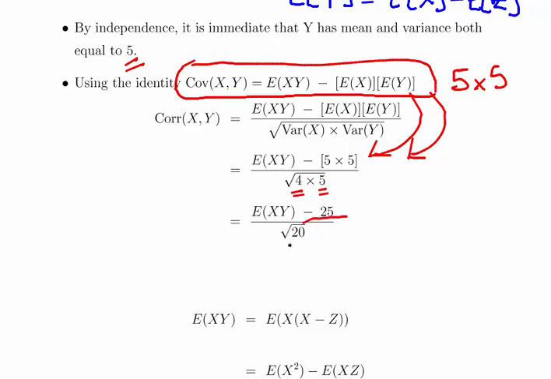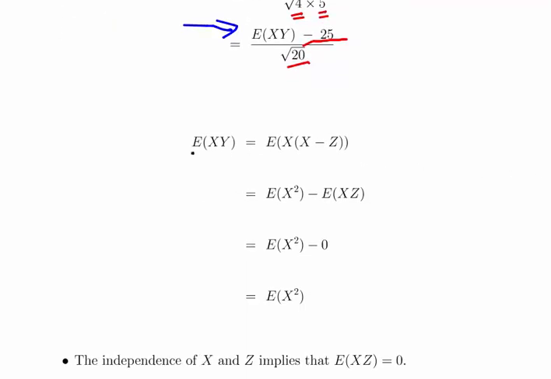So the thing we have to look at now is the expected value of x times y. We're going to use this identity here. The expected value of x times y is the expected value of x times x minus z. That is equal to the expected value of x squared minus the expected value of x times z.